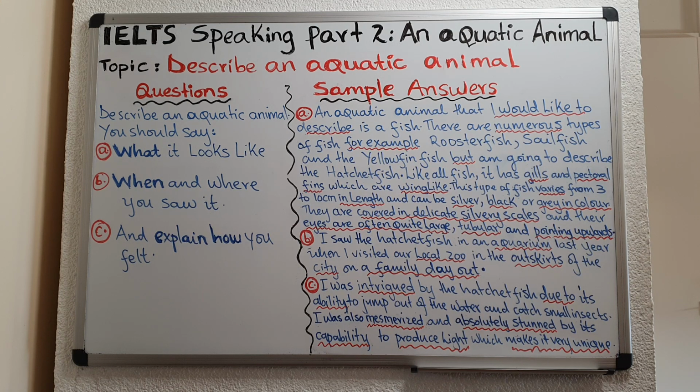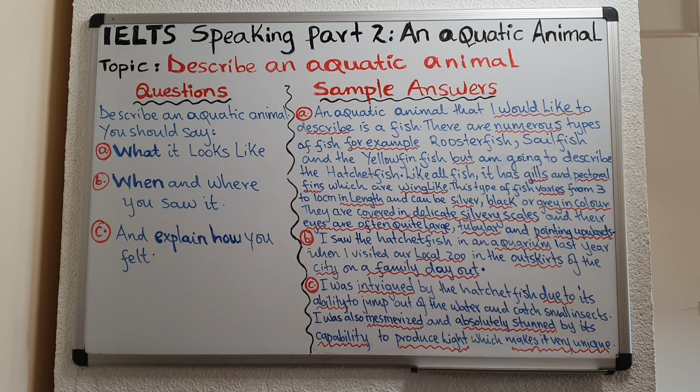So what have I done in that answer? I have explained my feelings in detail, how I felt when I saw the hatchet fish. The first word that I used was I was intrigued. When you're intrigued, it means that you find whatever you have seen very interesting.